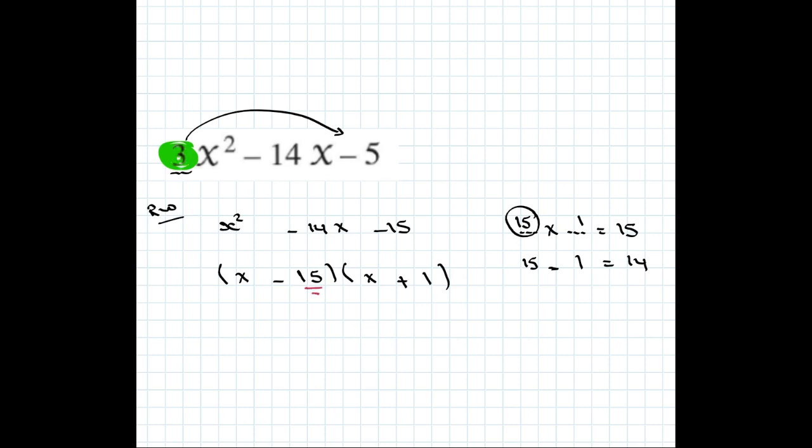By dividing both terms by 3, let's find the answer. 15 by 3 is equal to 5, and x plus 1 over 3. Now the final step is to write the denominator in the second bracket as a coefficient of x. x minus 5 and 3x plus 1.